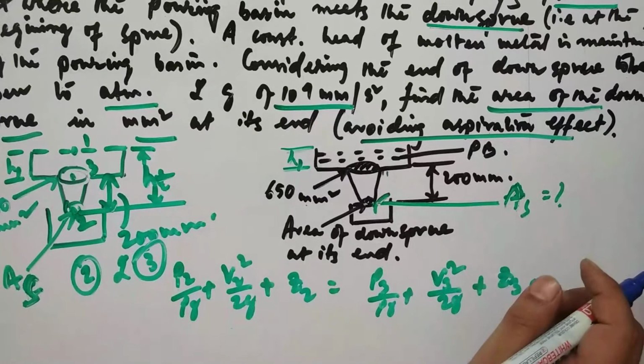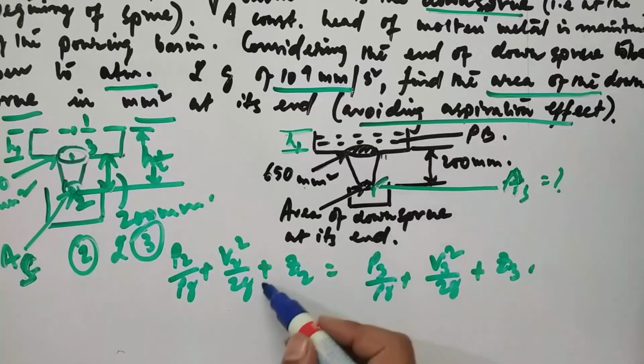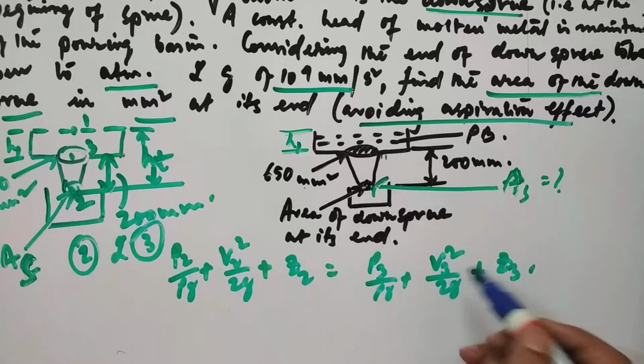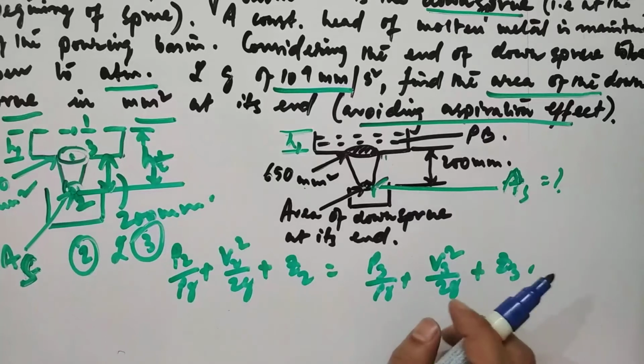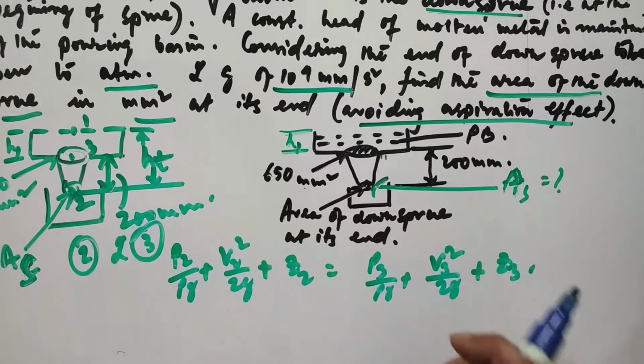As you can see, avoiding aspiration effect, we cannot simply cancel V2 square by 2g and V3 square by 2g. So we have to calculate.